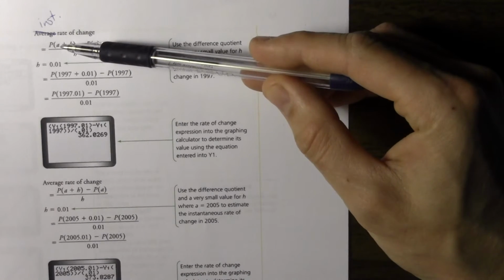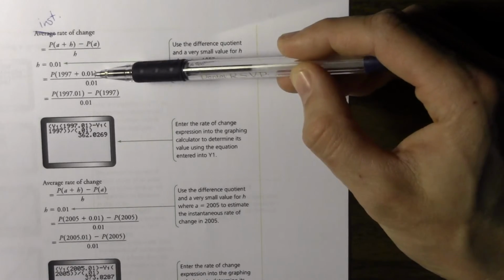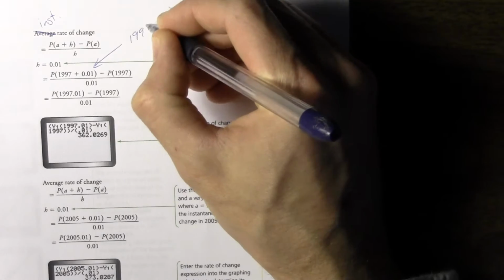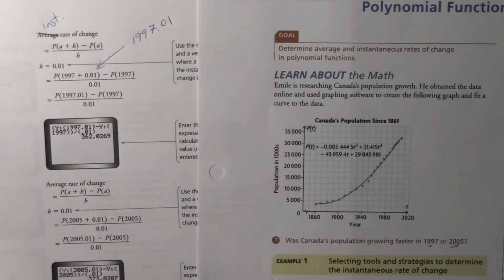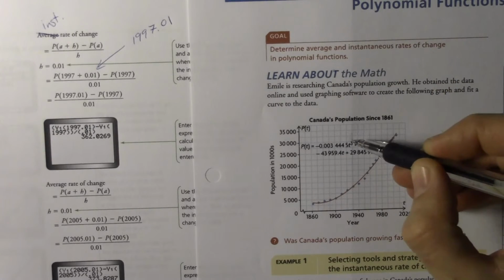Our a value is the point of interest. We're looking at 1997, so we're adding 0.01. We're taking this value, 1997.01, and substituting it in for each value of t over here.